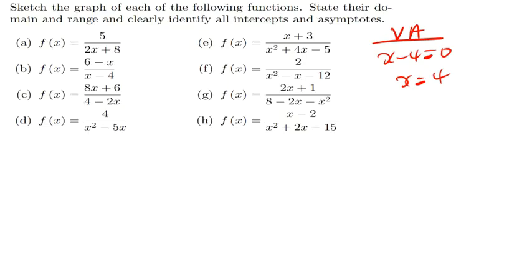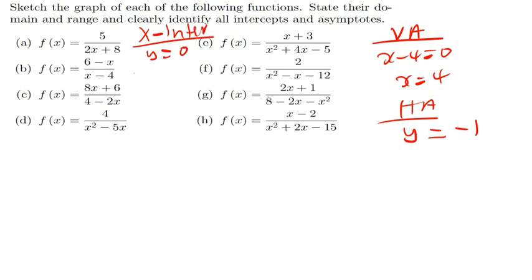This function is not bottom heavy. So the horizontal asymptote is going to be y is equal to negative x over x, which is negative 1. Let's find the intercepts. To find the x-intercept, y should be equal to 0.